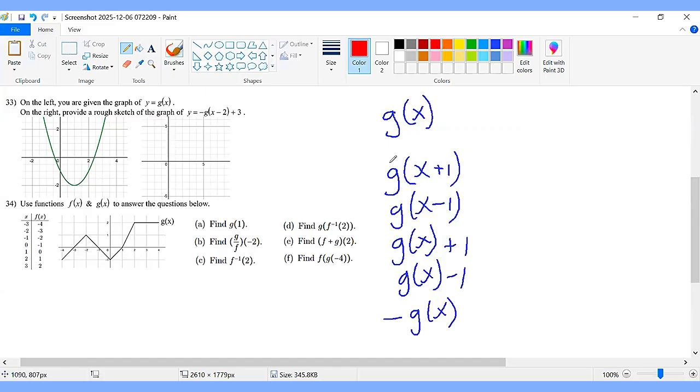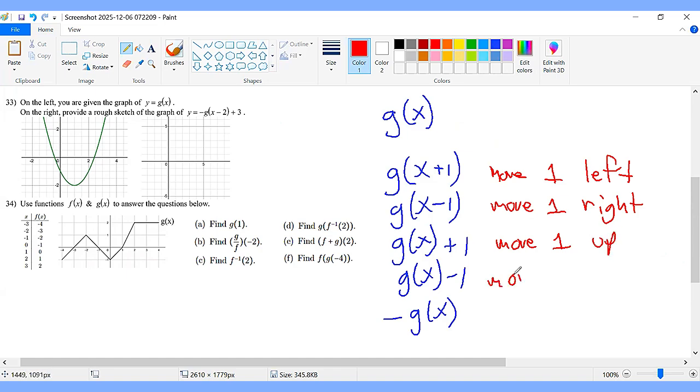Let me tell you. g of x plus 1 is going to move the original picture one space to the left. g of x minus 1 will move the original picture one space to the right. g of x plus 1 outside moves the original picture one space up, and this one moves it one space down.